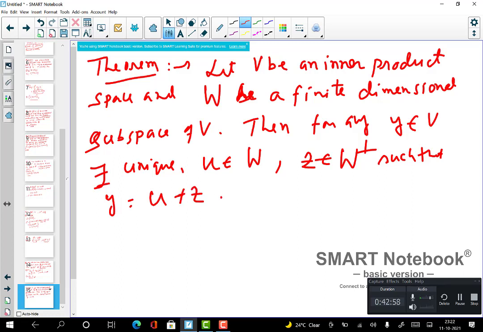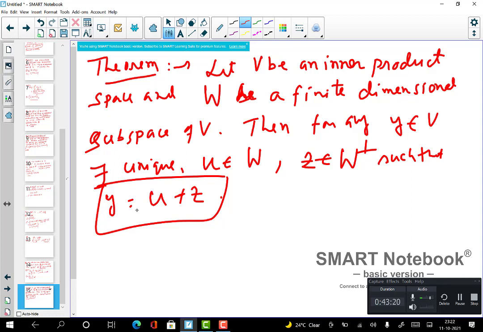It's so nice. Given any vector of this vector space V, you can write it as a component which is inside the finite dimensional space, and another component which is inside the orthogonal complement of that finite dimensional space, right?